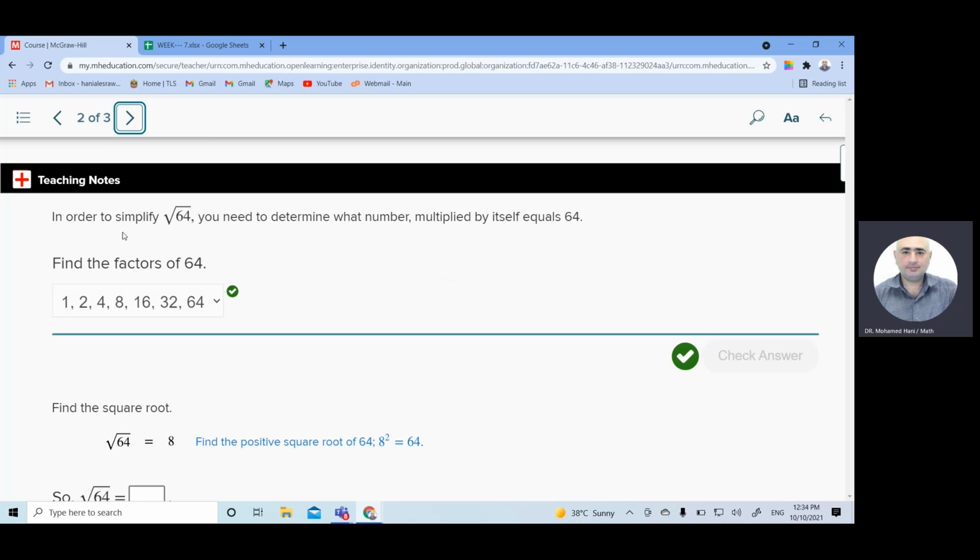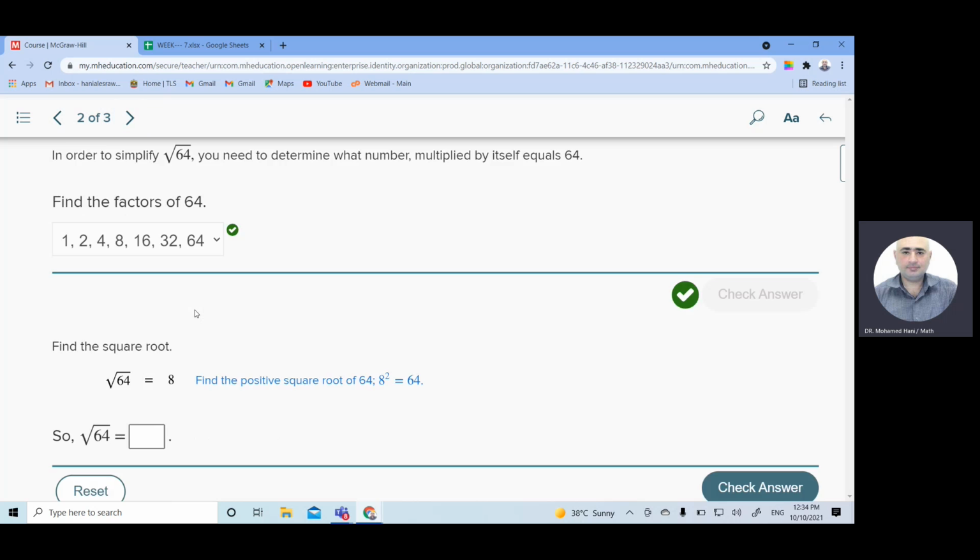Right. In order to simplify the square root of 64, you need to determine the number multiplied by itself that equals 64. Find the factors. The factors of 64 are 1, 2, 4, 8, 16, 32 and 64.